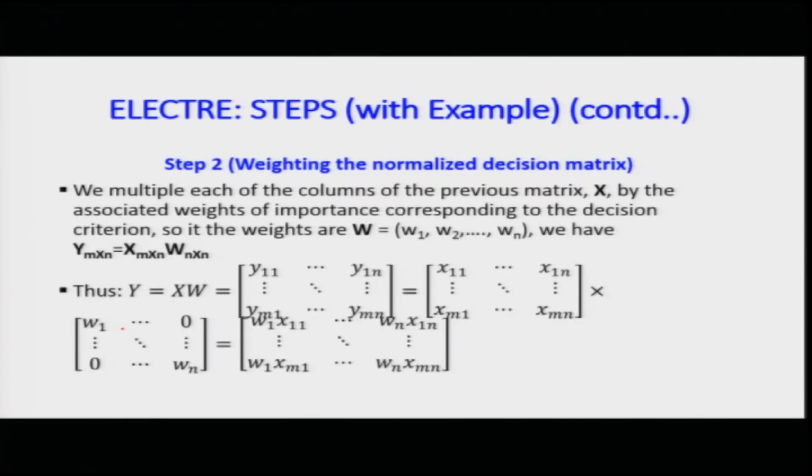That is why I kept repeating that the weights remain as they are, and it should also be remembered that the sum of the weights should be 1 since you have normalized. Once you multiply the normalized x with the weights, you will get the total weighted sum of the alternatives and the criteria, based on which you will proceed to the next step.